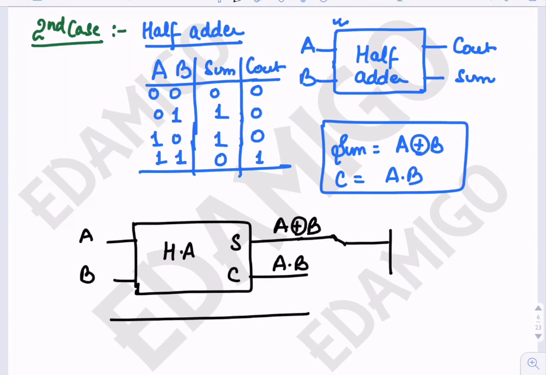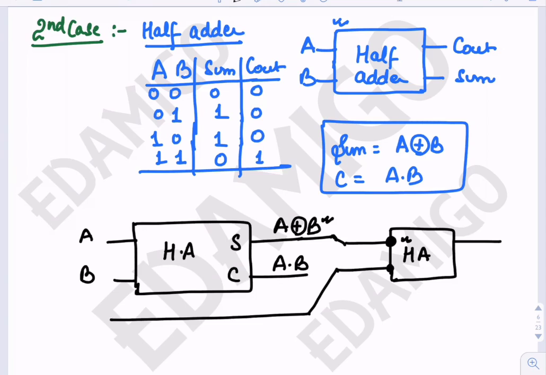And the second half adder is here. We know that the output we want of the full adder is A XOR B XOR C. So we will apply this as one input to the half adder and C as another input to the half adder.